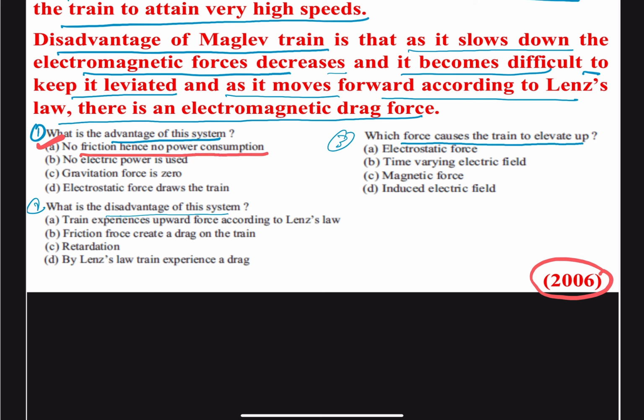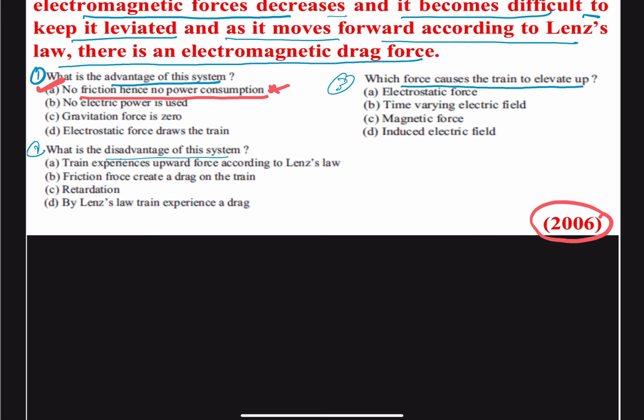Actually, it should be written that no friction between train and track, reducing energy loss and enabling high speed. So this needs a little modification, but anyway, it is the closest one. And for the second, the disadvantage is because of this Lenz's law drag force. Option D is the correct one. And for the last one, option C, because of the magnetic force. So you can see it is an entirely theoretical one.